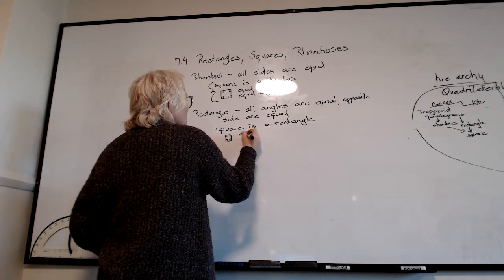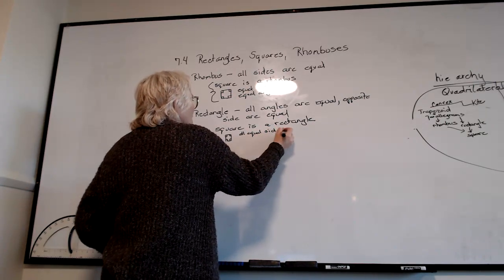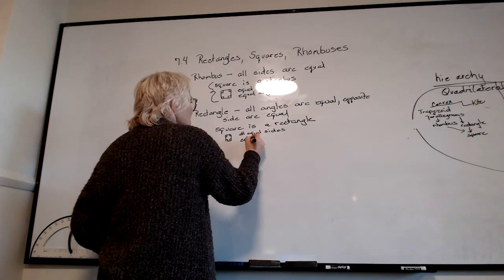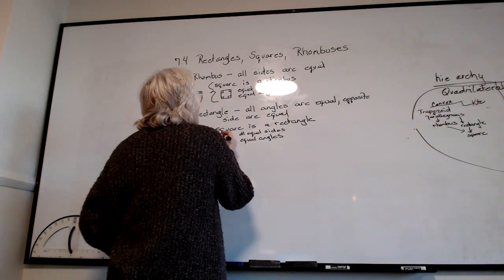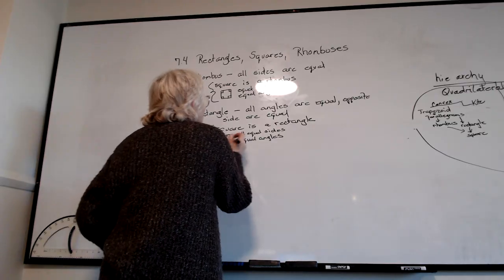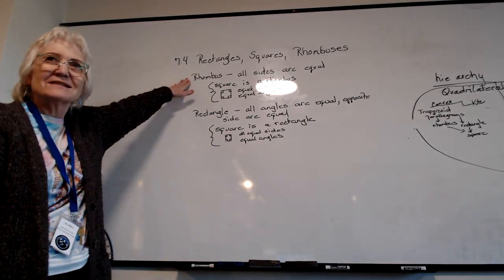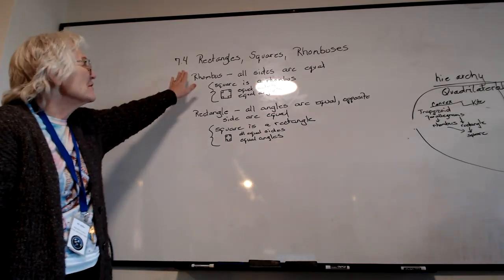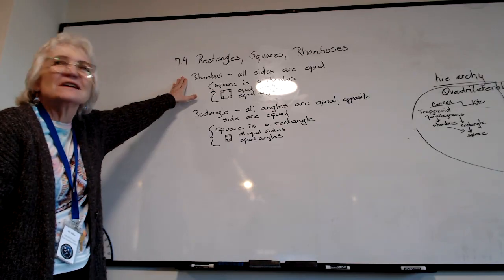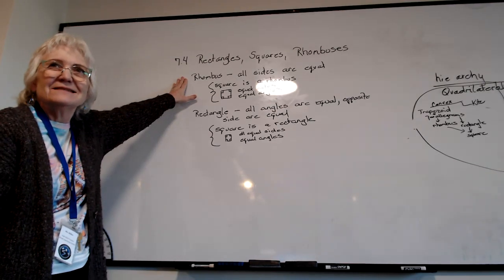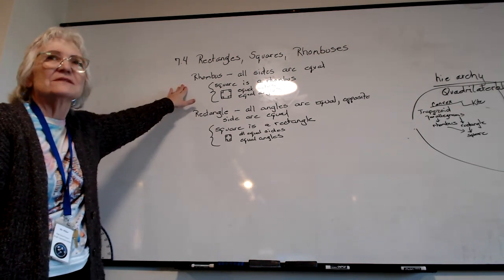It has all equal sides and equal angles. So a square fits as a rectangle and a square fits as a rhombus, but rectangles are not rhombuses, because rhombuses have to have all sides the same. A rectangle is not a rhombus.